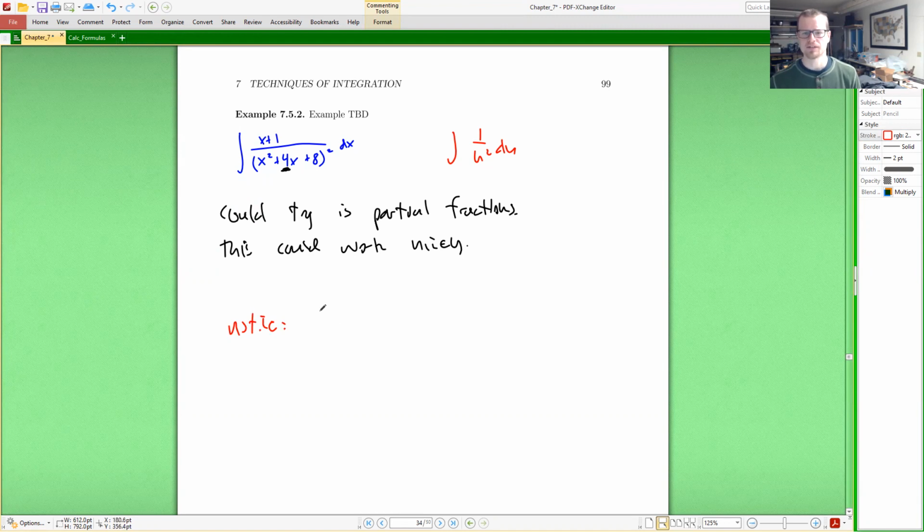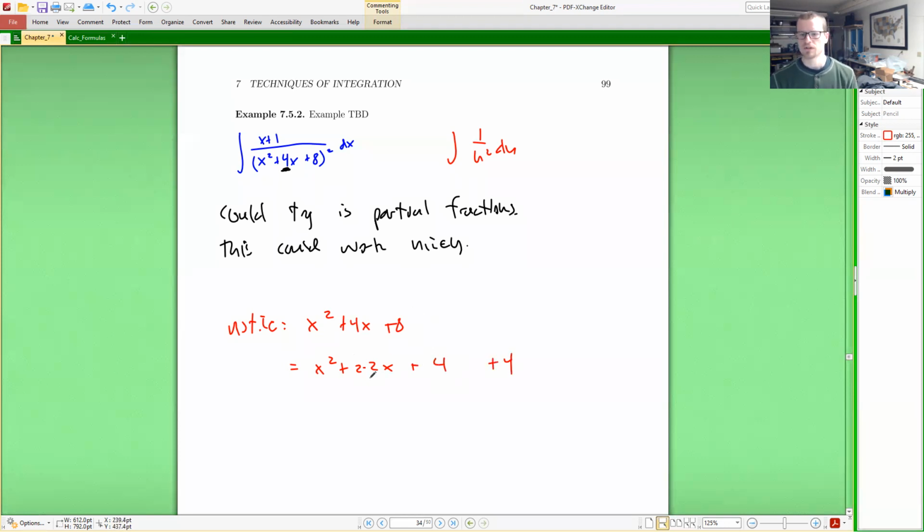that I have x squared plus 4x plus 8 is equal to x squared plus 2 times 2x plus 4 plus 4.